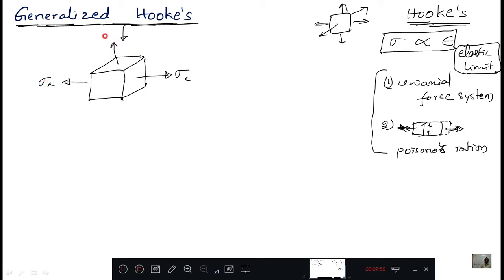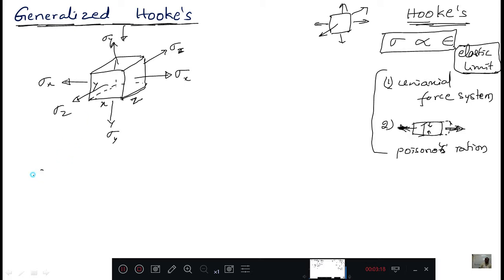Next, this is stress in y direction, and stress in z direction. If the body is subjected to these, then this axis is the z axis, this is the x axis, and this vertical is the y axis. Now you are getting this. This is a 3-dimensional body.